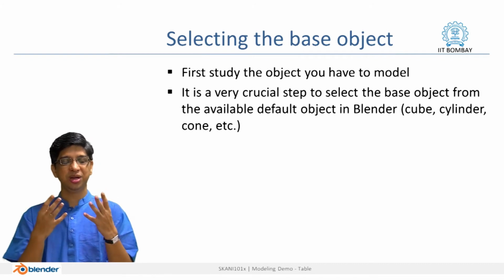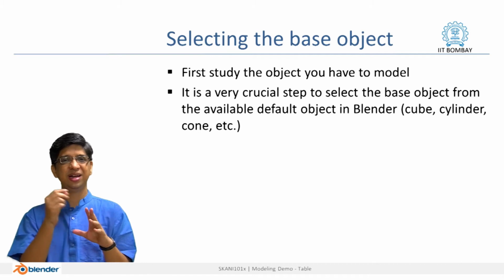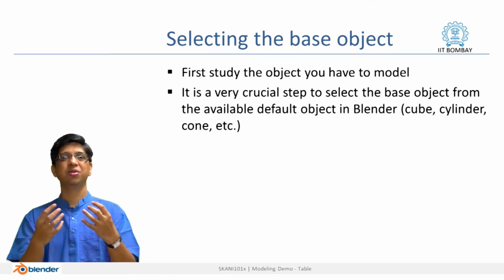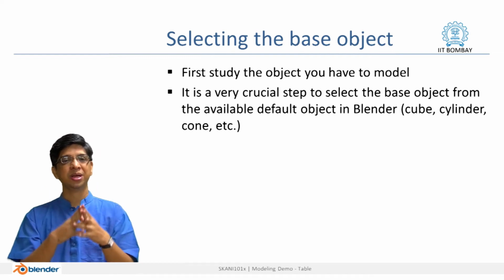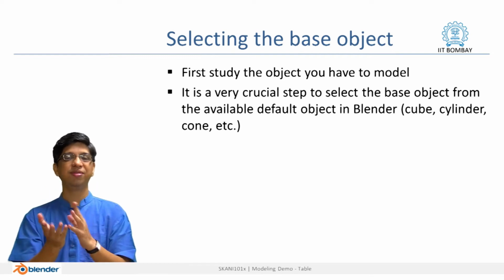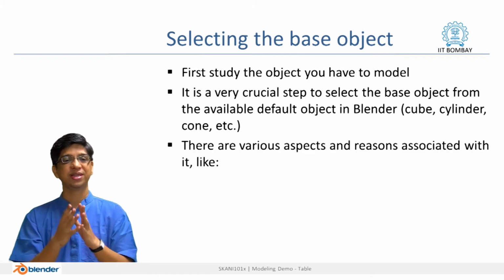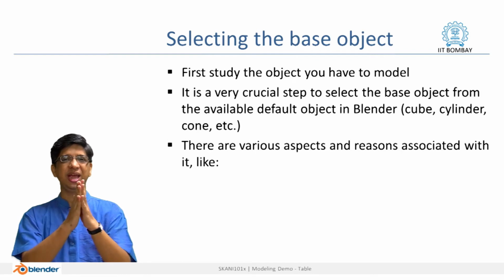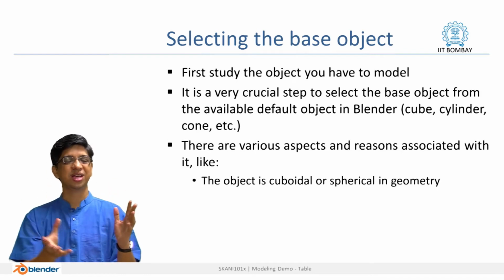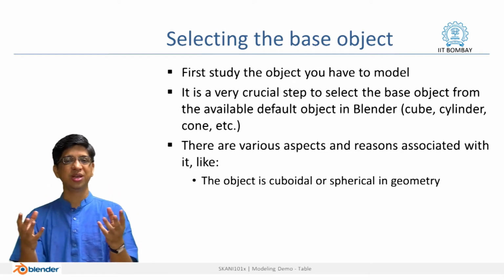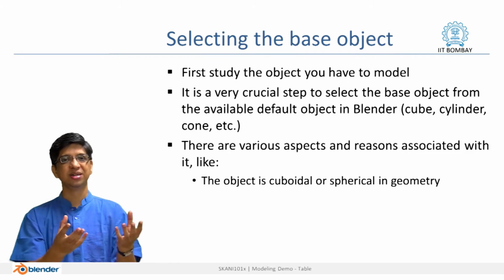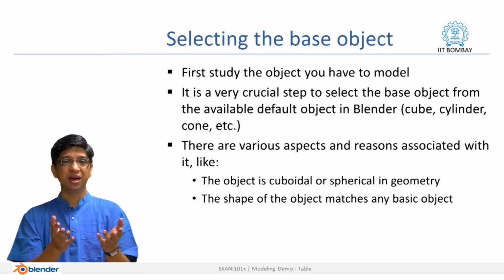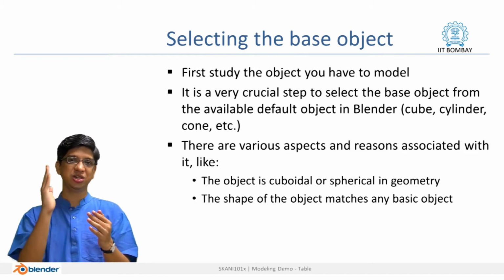So just be sure you can actually use your sketches and some drawing skills, or just observation of what is the base object hidden in this particular thing, so that you can easily modify and get to the final object faster. There are very broadly categorized things also, like whether it is a circular thing or a squarish thing, or is it a cuboid or a sphere. These kinds of classifications you can make very easily, but you should remember that it should match the original object.